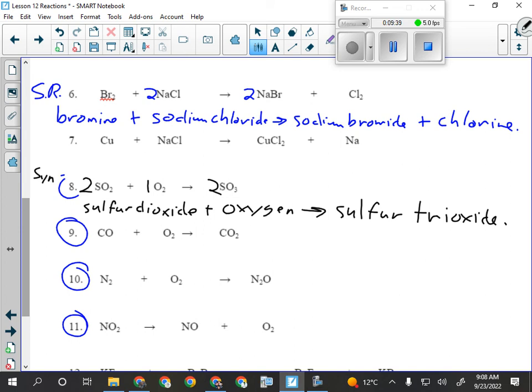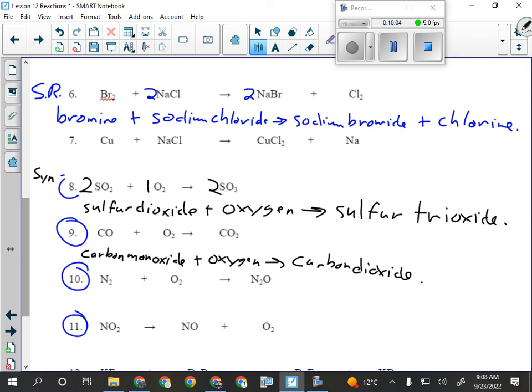All right, is it a similar thing here? Yeah, it is a similar thing here. All right, so if I'm naming this stuff, this would be carbon monoxide, plus oxygen gives carbon dioxide. So I've got to balance this thing.